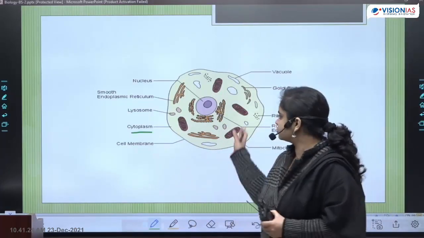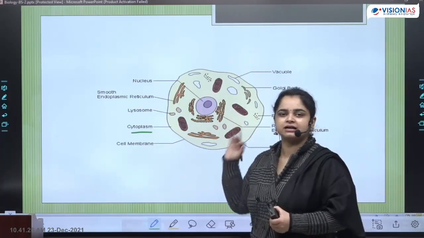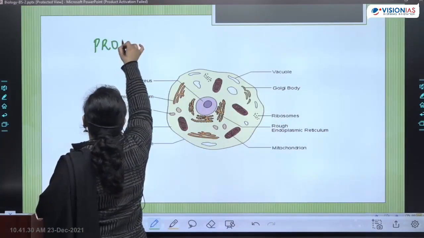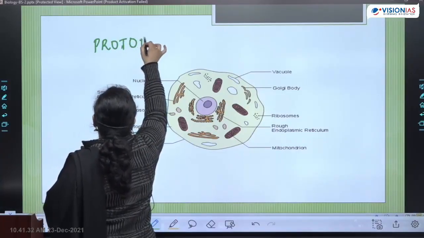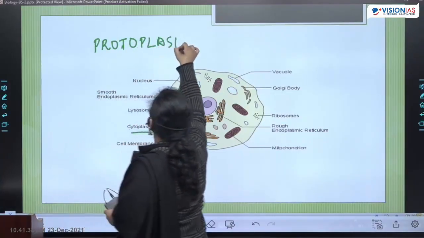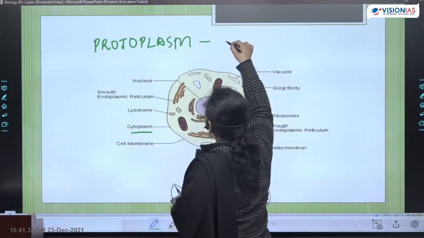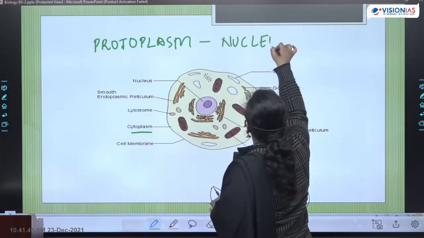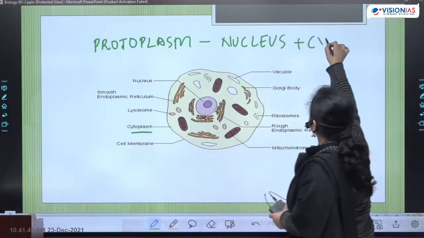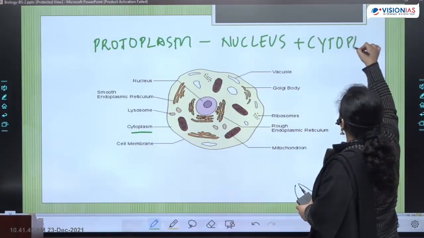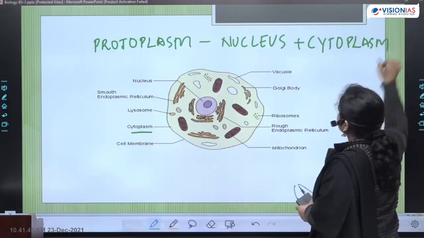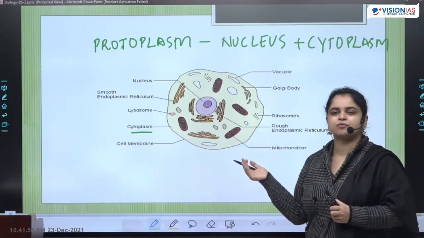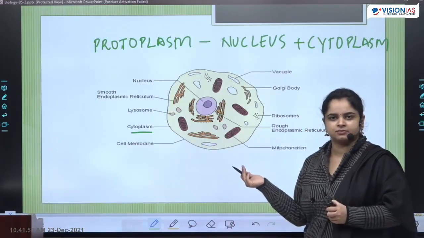This is the zone where all the life's activities are taking place, and there is a term for this also, called protoplasm, which is your nucleus and cytoplasm. So this becomes the living component where life processes are taking place.